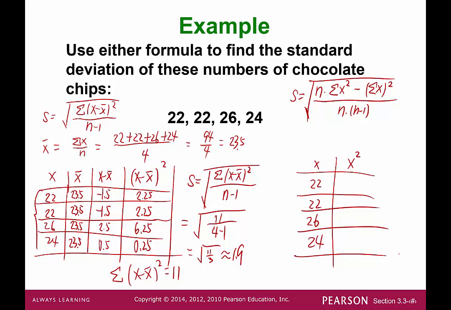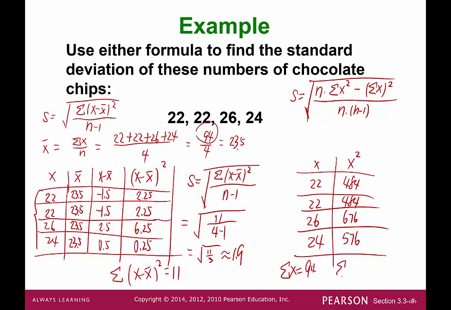22 squared is 484. 26 squared is 676. And 24 squared is 576. So in this formula, it's important to calculate the total summation of x. We did that already, it's 94.